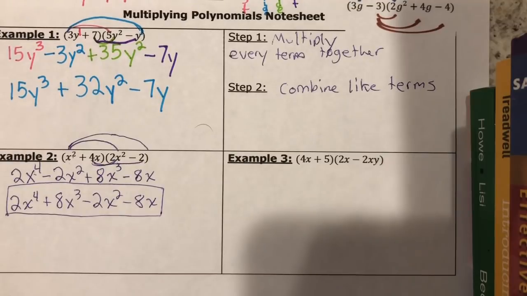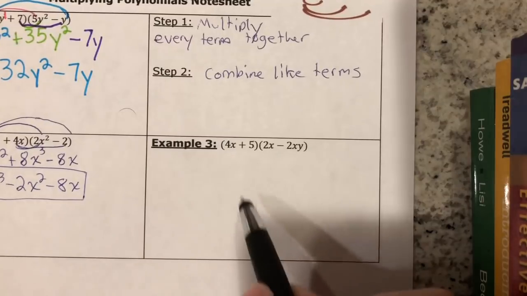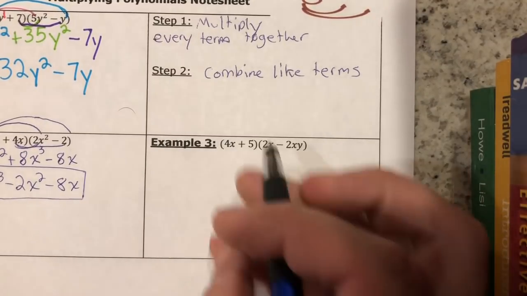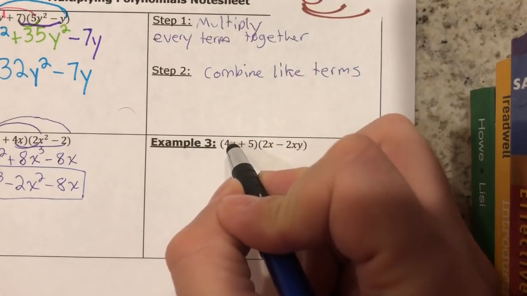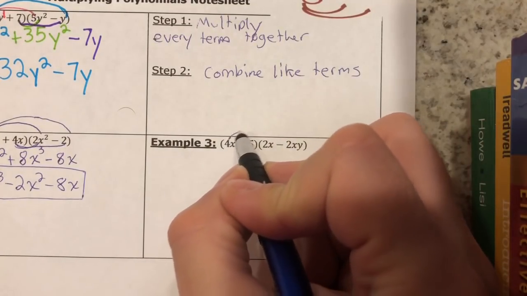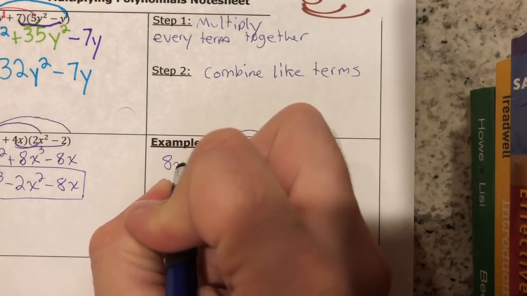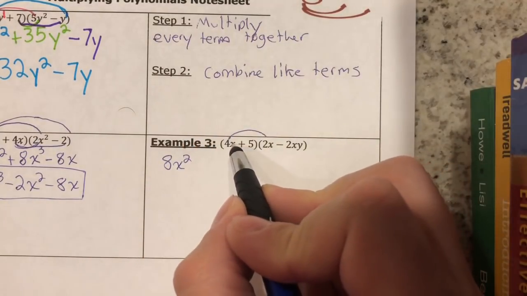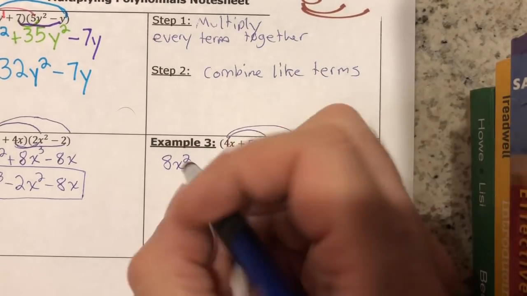All right. And for example 3, it's a little tricky. We don't see this too often, but it can happen where you have multiple variables. So we're going to follow our FOIL. So first is 4x times 2x, which is 8x squared. Then 4x times negative 2xy.